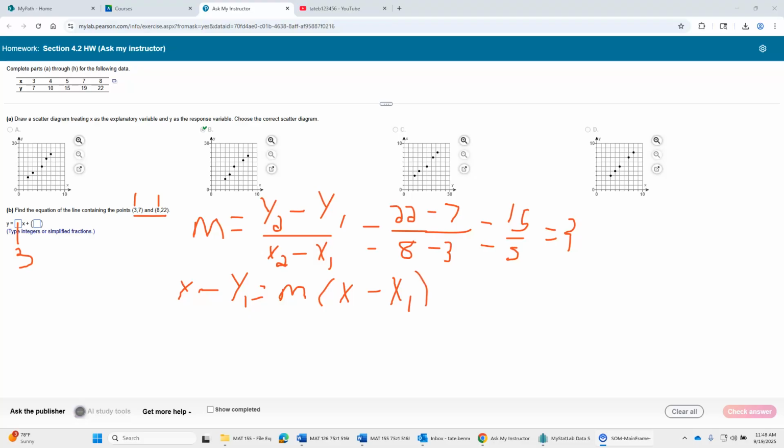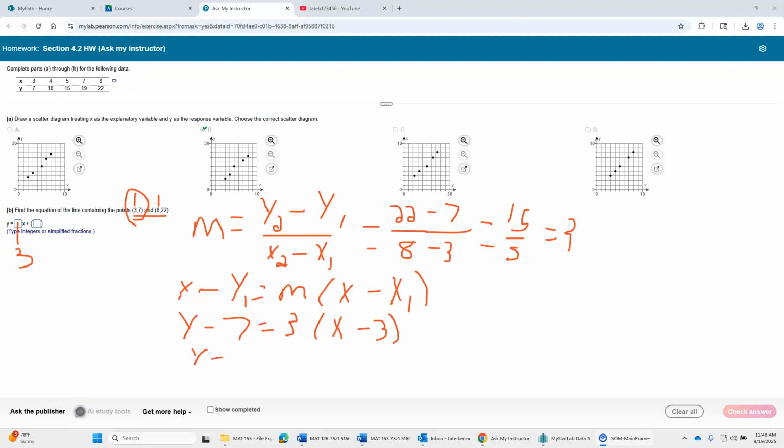The slope for this problem is what, 3? Then we got y minus, and you can use either ordered pair here. I'll just use the smaller ordered pair, the 3, 7. 7 would go in for y, and then 3 would go in for x sub 1 here.